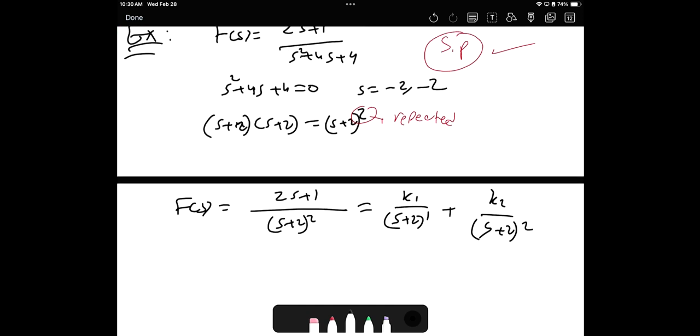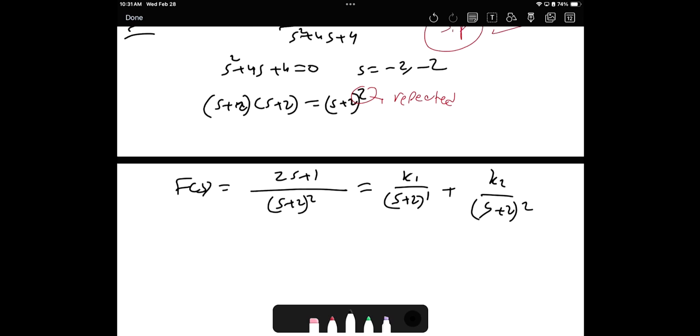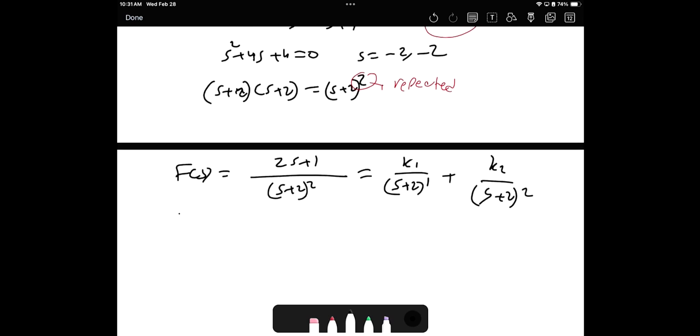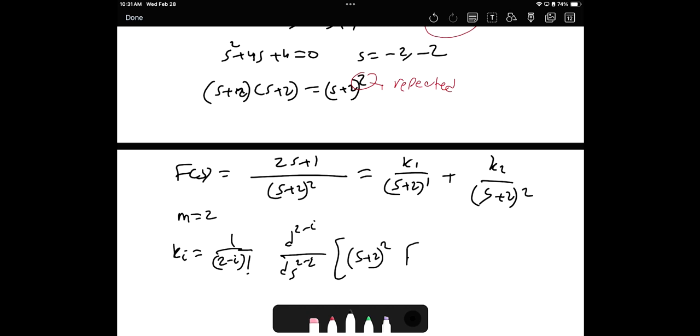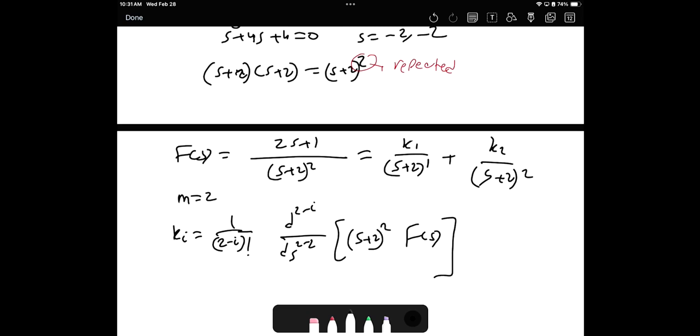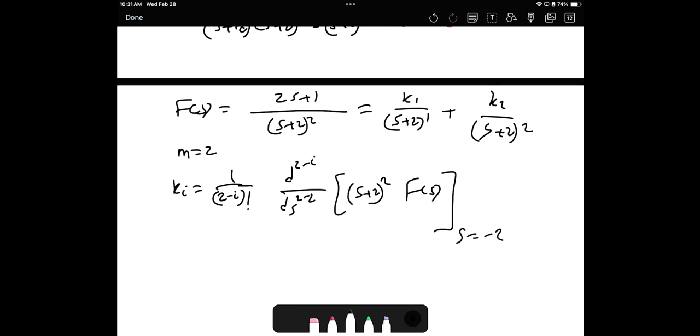The next thing is how to calculate k. The general formula, where here we have n equal to 2, for k_i will be 1 over (2 minus i) factorial, times the derivative d^(2-i)/ds^(2-i) of (s plus 2) squared times F(s), and our target is to substitute s equal to negative 2.